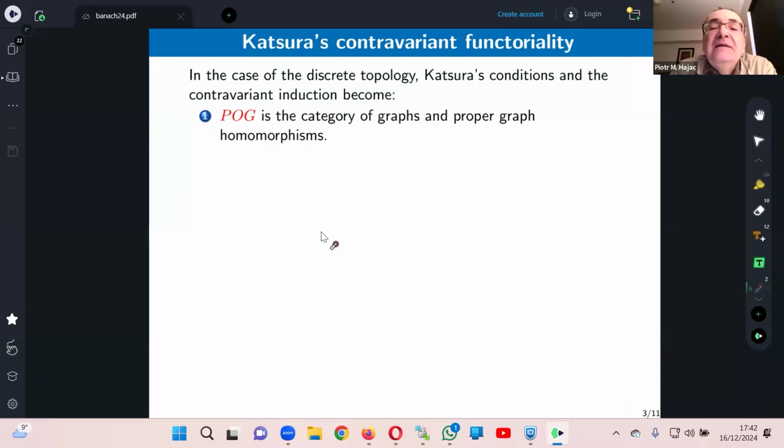When you plug in discrete topology into Katsura's conditions, you obtain on the nose our conditions. We just were not aware of it. But it's okay. It's in a way reassuring, because now I'm very much convinced that what we found is really the best possible conditions you can have.